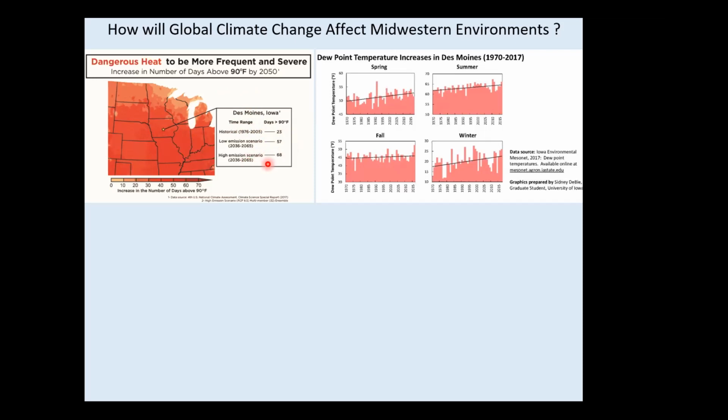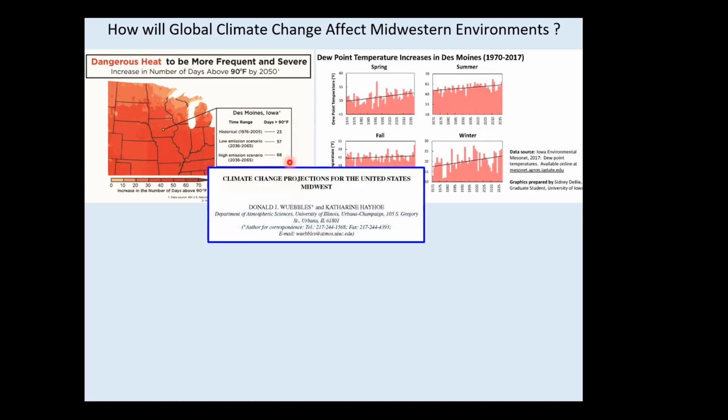High emission scenario, a few more, another 11 days. So more days with high temperatures above 90 degrees and more humidity. Now, things that we tend not to really enjoy too much in Iowa in the summertime.